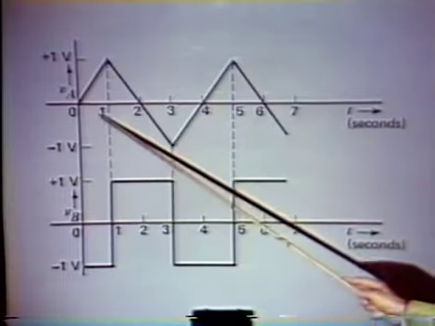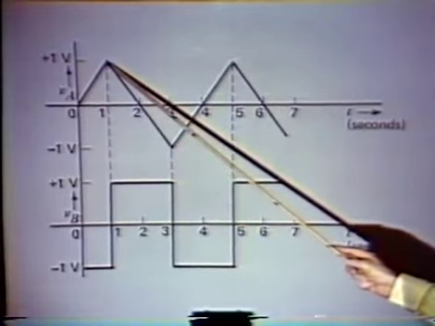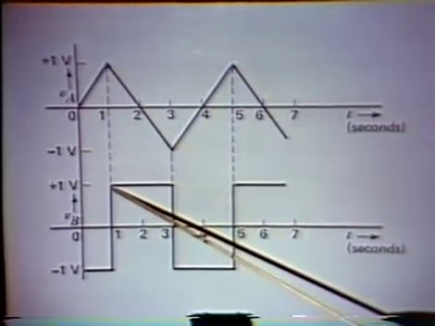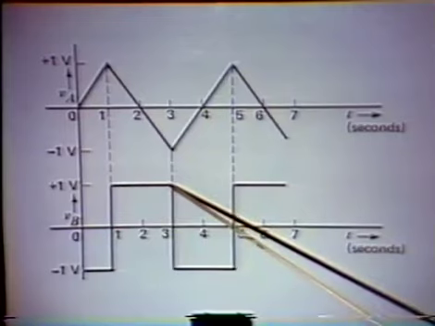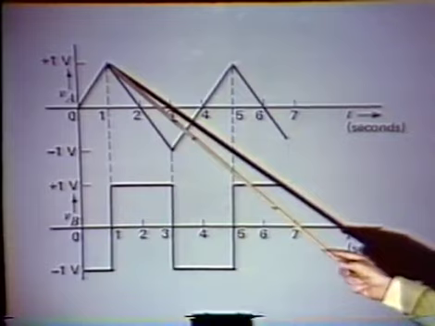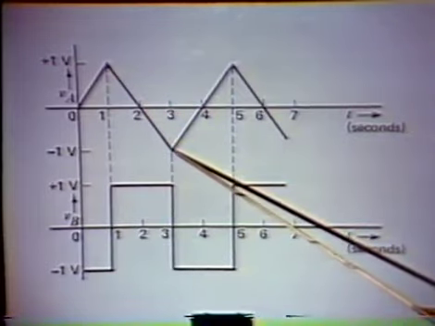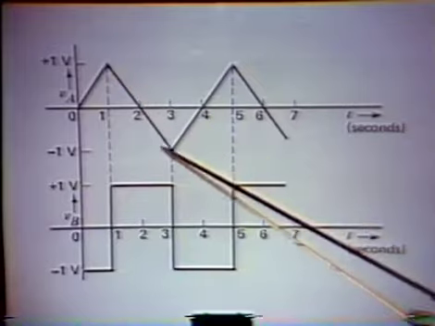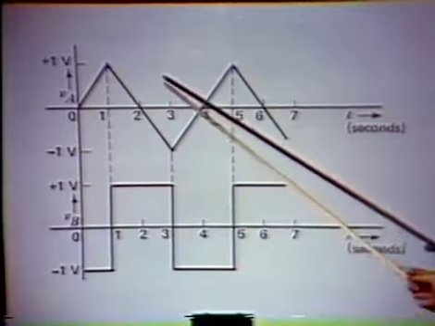At time t equals 1 second, the output of the integrator reaches +1 volt. At that instant, the Schmidt trigger switches. Its output becomes +1 volt. We integrate the negative of that. The output of the integrator is now a negative ramp. That time lasts for a total of 2 seconds from t equals 1 to t equals 3.